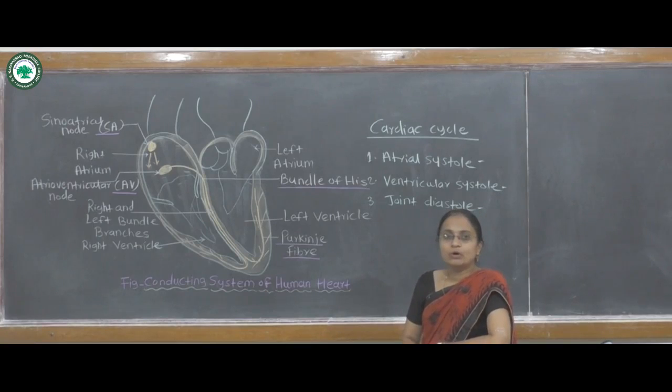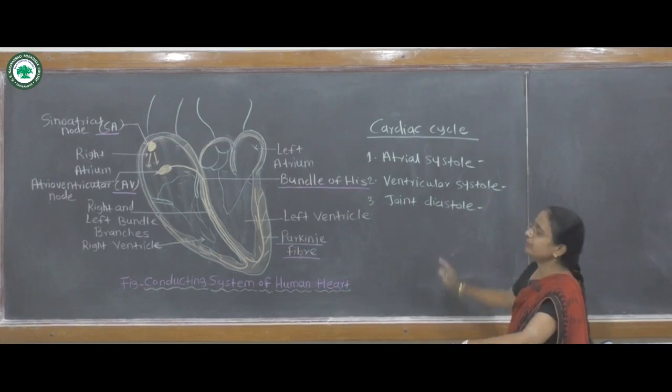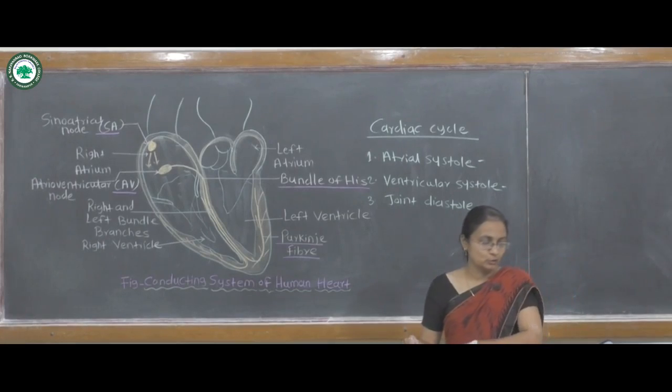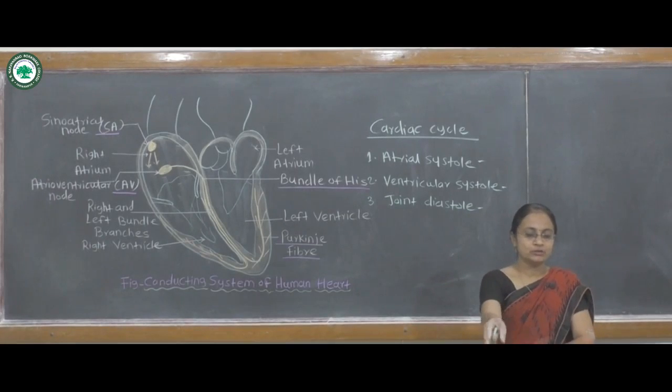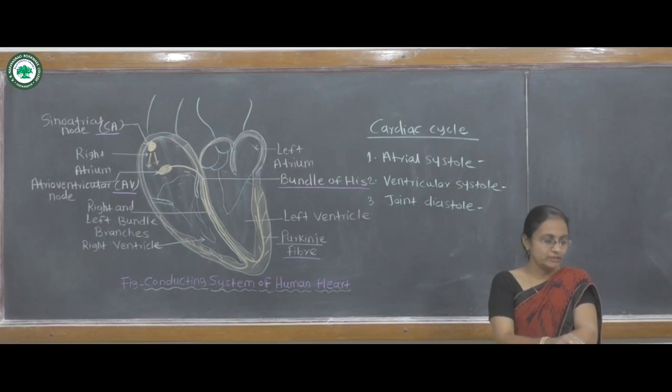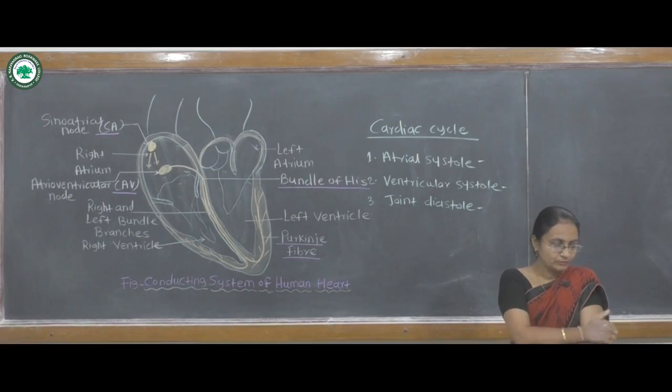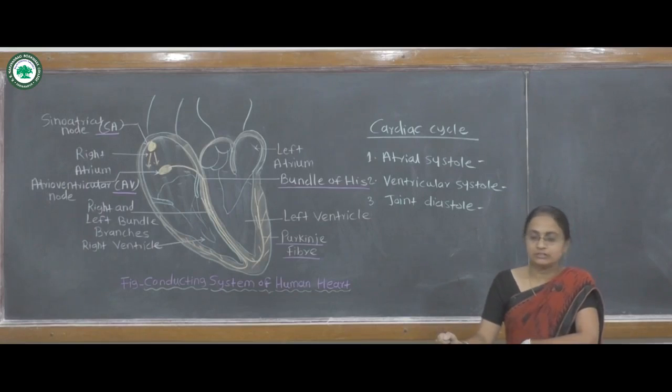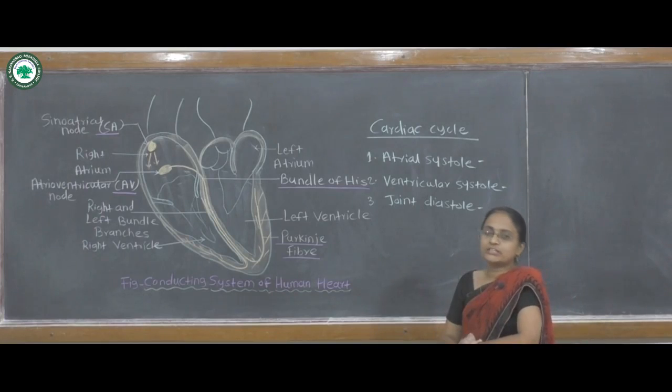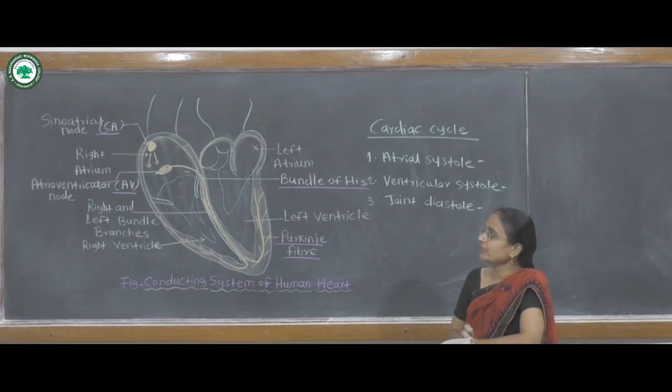When all the atria and ventricles go to the relaxed stage, the third step takes place, that is the joint diastole. In the joint diastole, both the atria and ventricles are in the relaxed stage, and during this relaxation, the deoxygenated and oxygenated blood is collected from the superior and inferior vena cava and from the pulmonary veins.